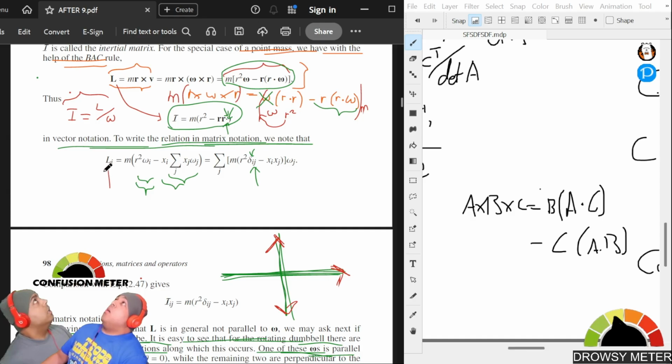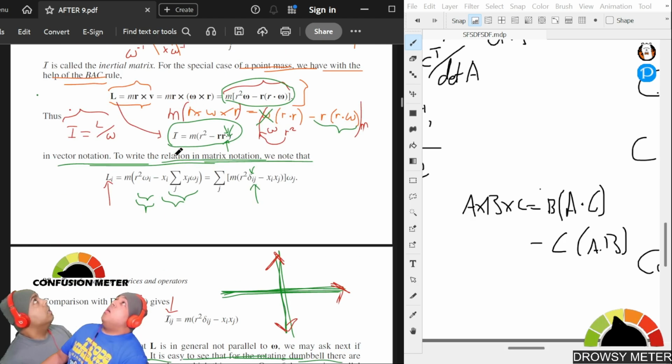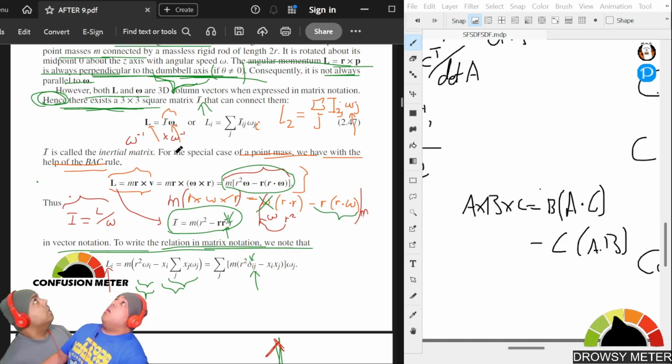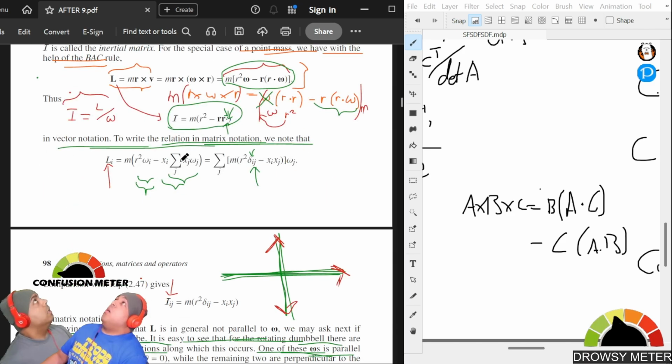L_i equals I_ij omega_j. The inertial matrix. If we know the inertial matrix, we can go between these two guys. What is this guy?